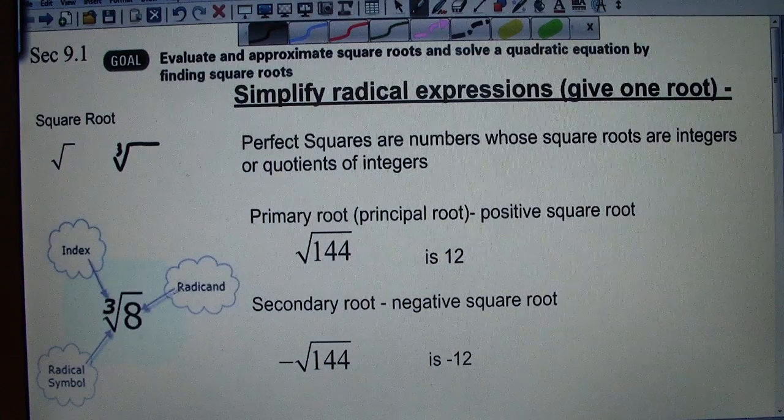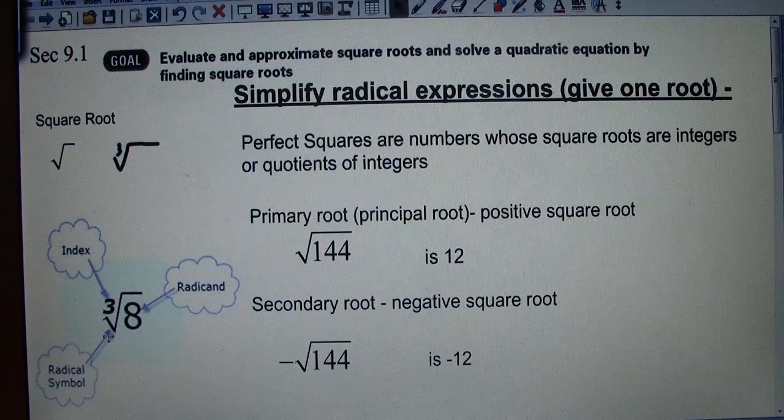Okay, now if you look down here in this diagram, here is my radical symbol that I referred to as a caret, but it really is a radical symbol. The number on the inside of the symbol is called the radicand, and the number on the outside, inside the little v or caret, is called the index.